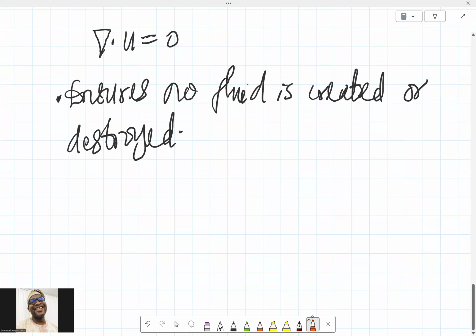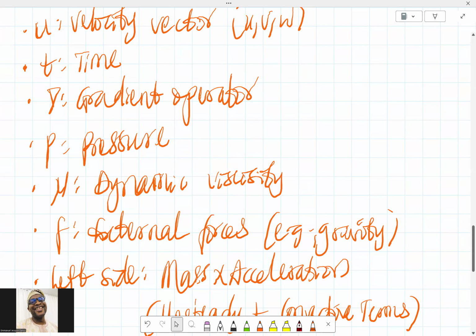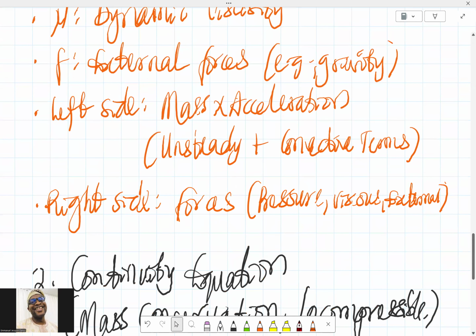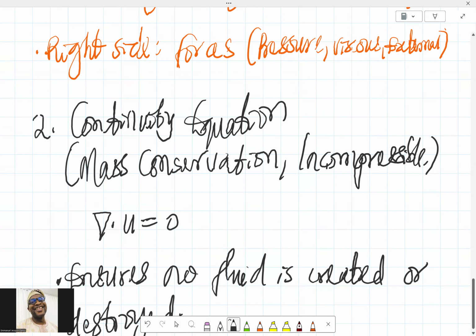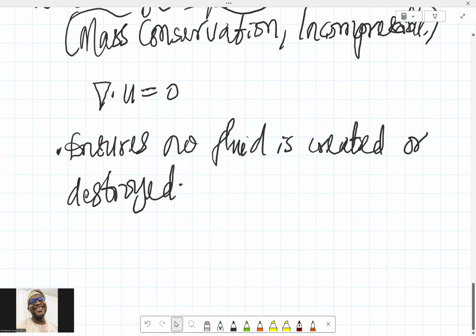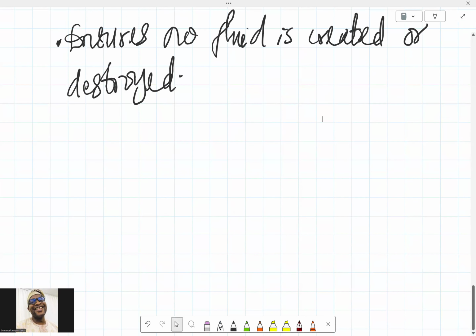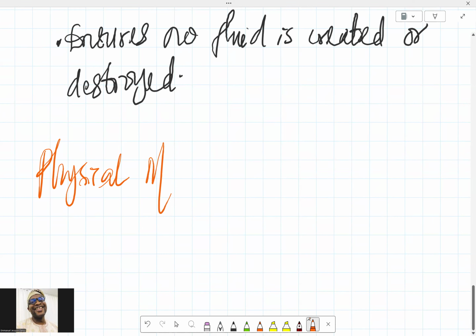So let's talk about the physical meaning of this. We have the momentum equation, and of course the continuity equation. Now, the physical meaning of the equations.